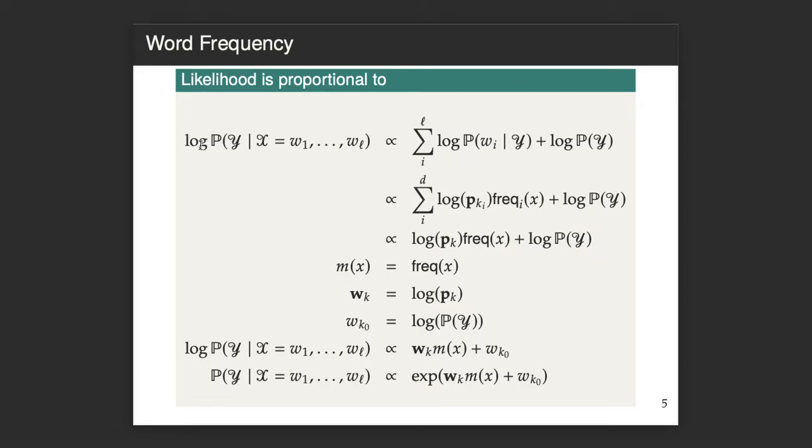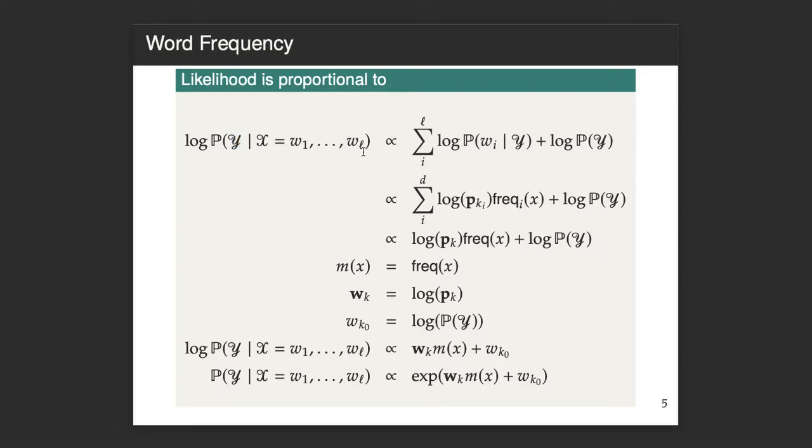Taking the log of the posterior, we have a text that is composed of L different tokens. So the length of the sentence is L tokens, and given this text, what we can estimate is the probability that it belongs to a particular class.